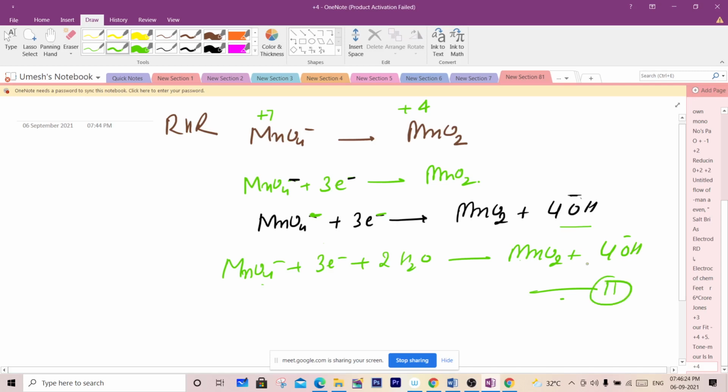Everything is balanced. Equation number 2. Understood? Note it down.